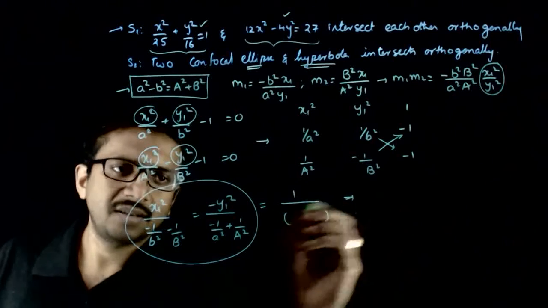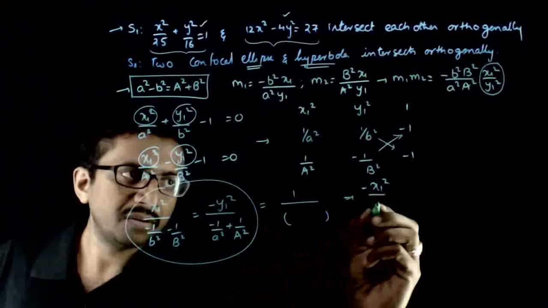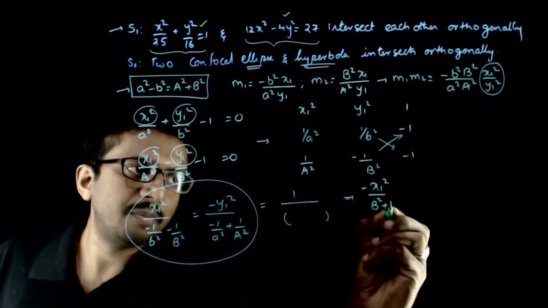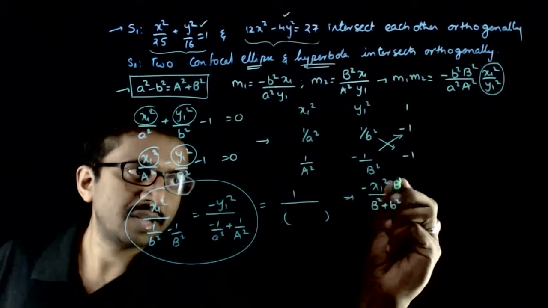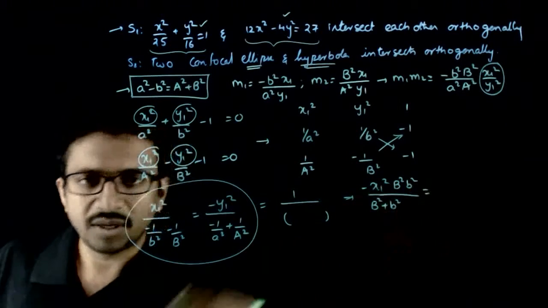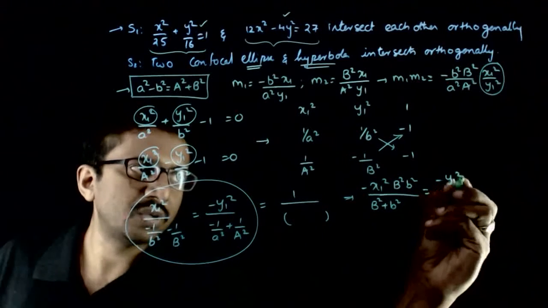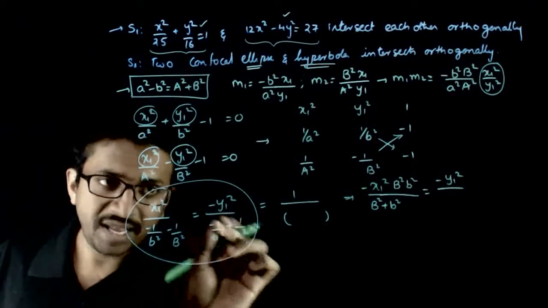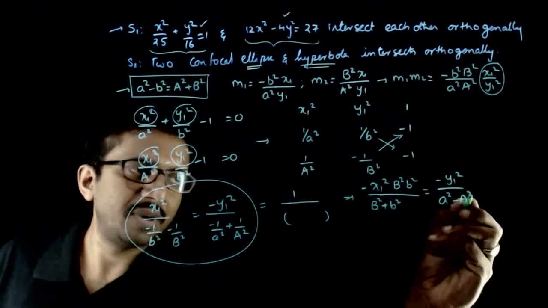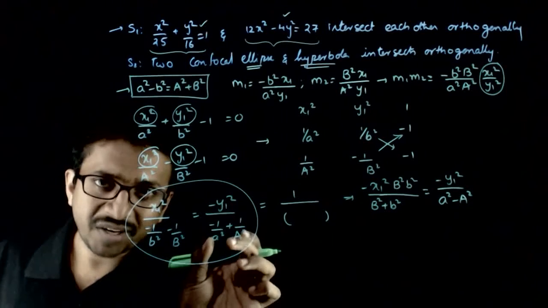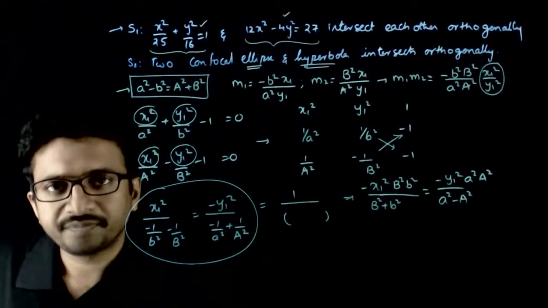So this implies x1 square divided by, minus comes common, capital B square plus small b square, and capital B square small b square goes up. In terms of y1 square, you have minus y1 square divided by, if you take LCM, small a square minus capital A square, and the denominator, which is LCM, goes up, that is a square capital A square.